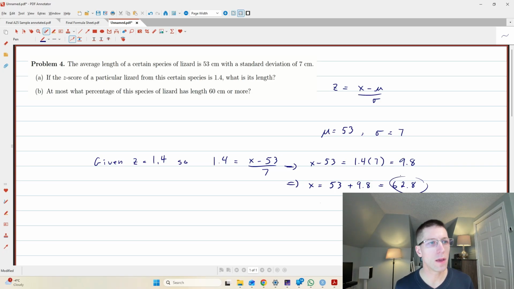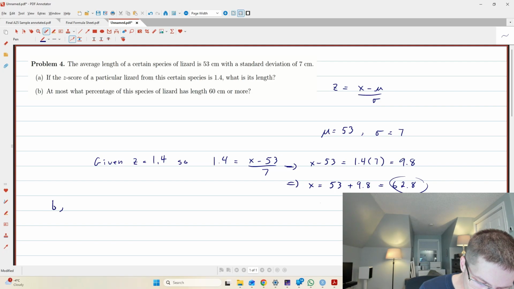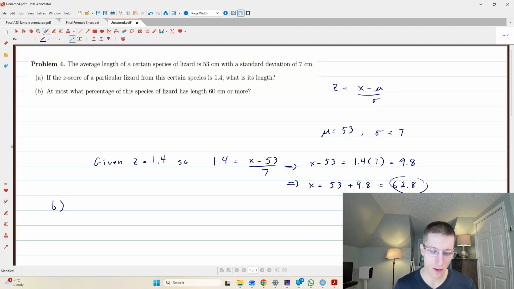And for part B, at most, what percentage of this species of lizard has length 60 centimeters or more? So in most questions are typically something you can apply Markov to.